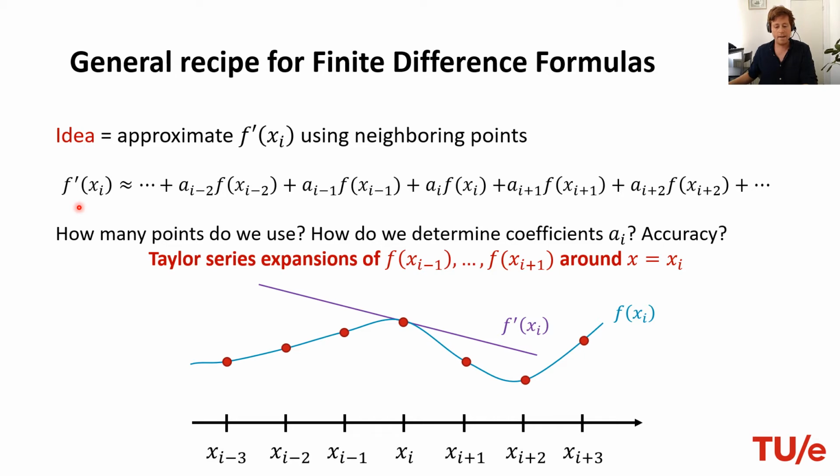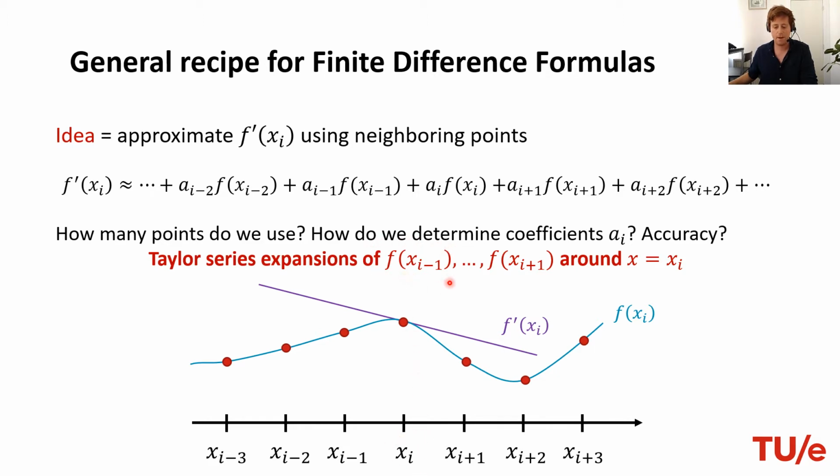Now, in order to answer all of these questions, we will be using the concept of a Taylor series expansion. So we will be able to derive these coefficients, say something about the error, and also relate this error to the amount of points that we're using by making Taylor series expansions of all the function values for x which are not equal to x sub i.